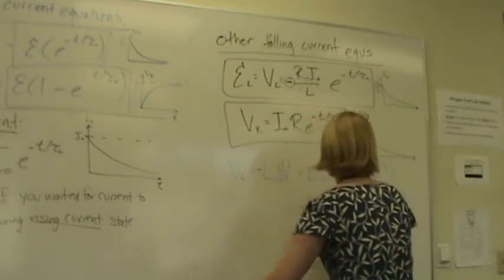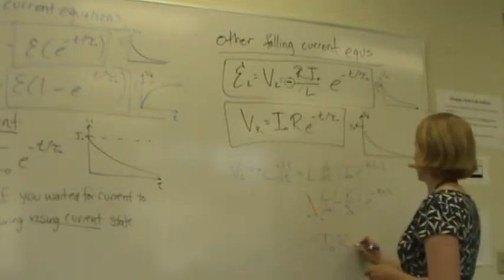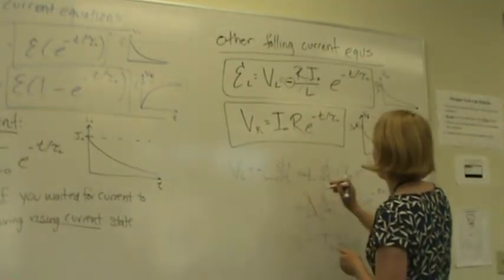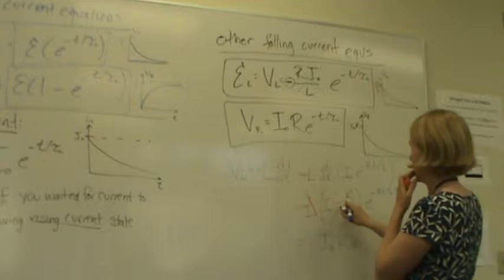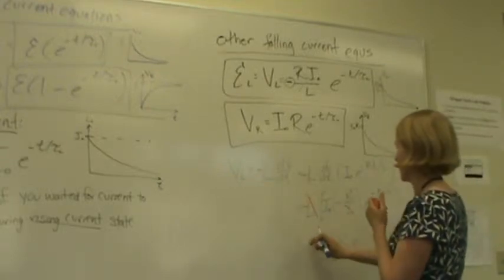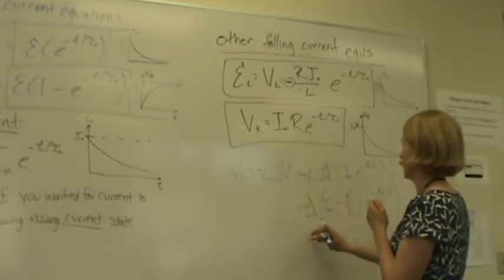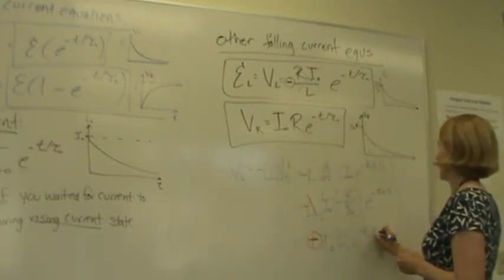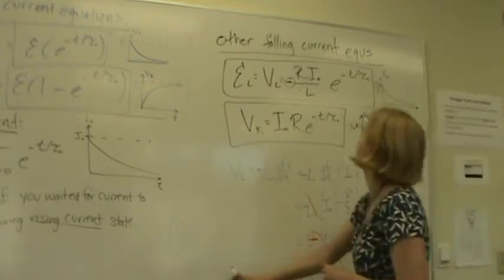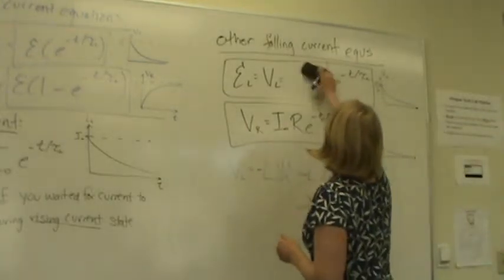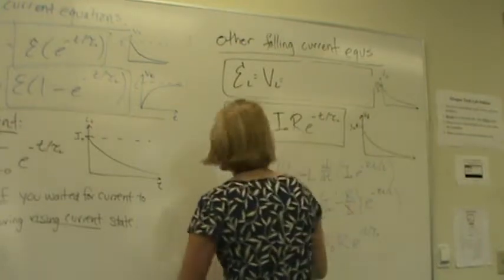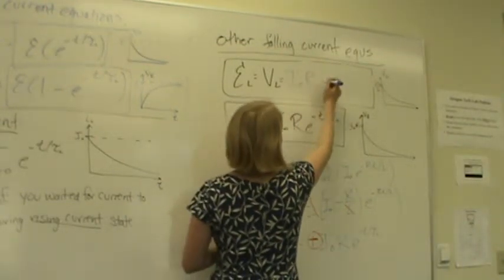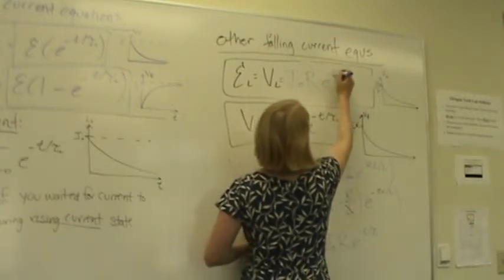So we have minus I naught R e to the minus, actually this minus, and this minus, and that minus came from the exponential, so this becomes plus e to the minus t over tau sub L. Okay, so this was wrong.